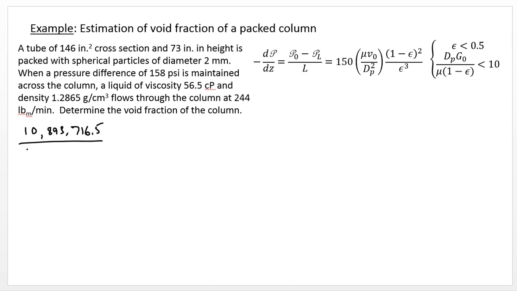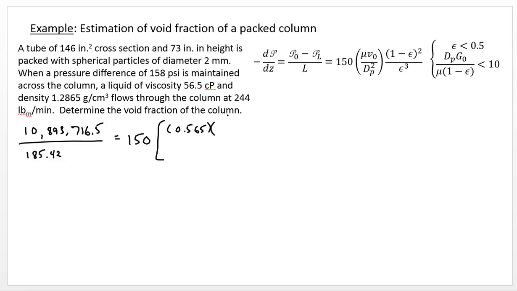The length of the column in centimeters was 185.42, and that's going to be equal to, from that correlation, 150 times, well, viscosity in the CGS units is 0.565. That's multiplied now by V naught over dP squared.